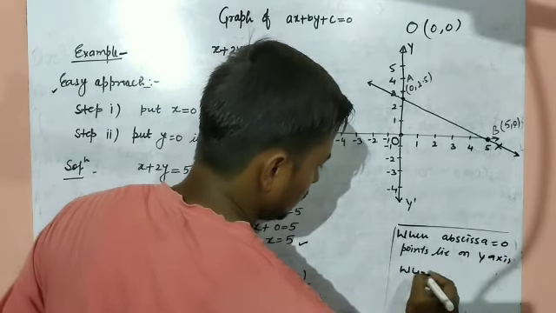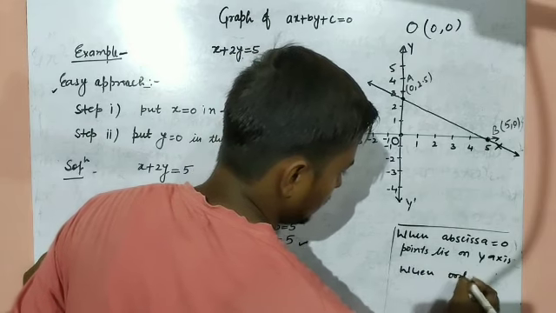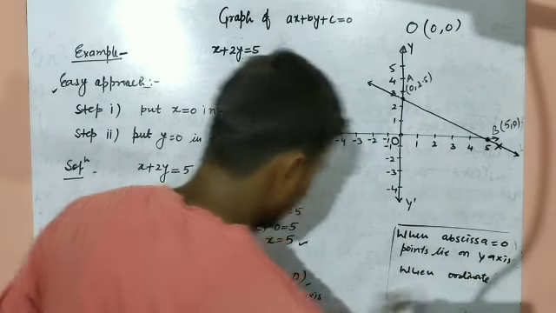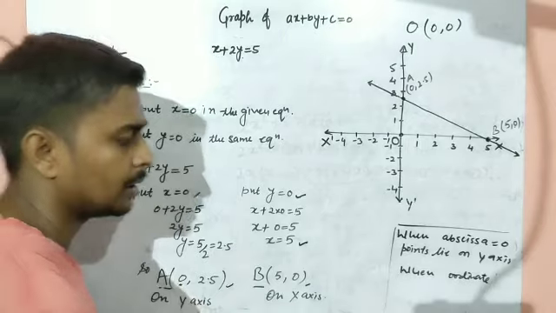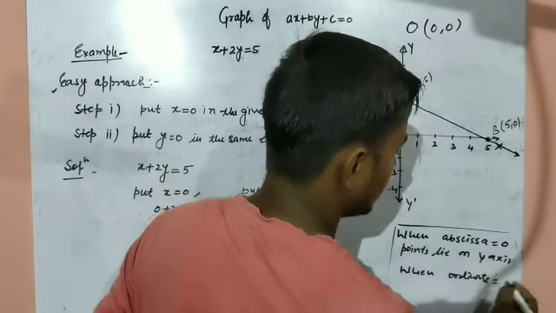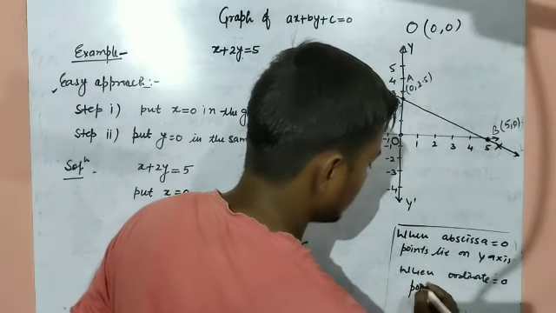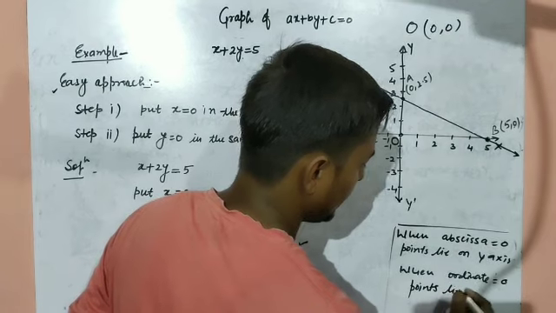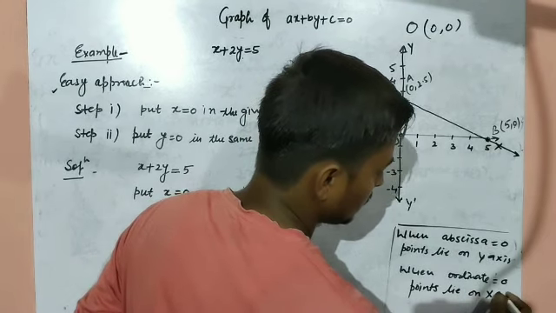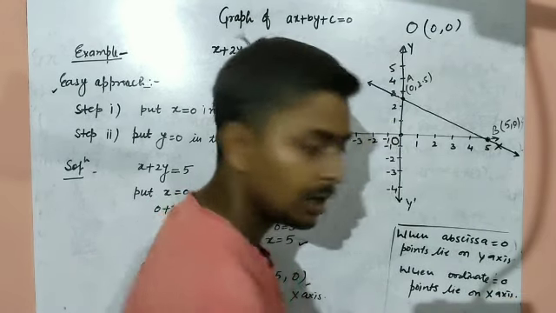When ordinate is 0, ordinate means second coordinate, the y coordinate, when ordinate is equal to 0, points lie on the x axis.